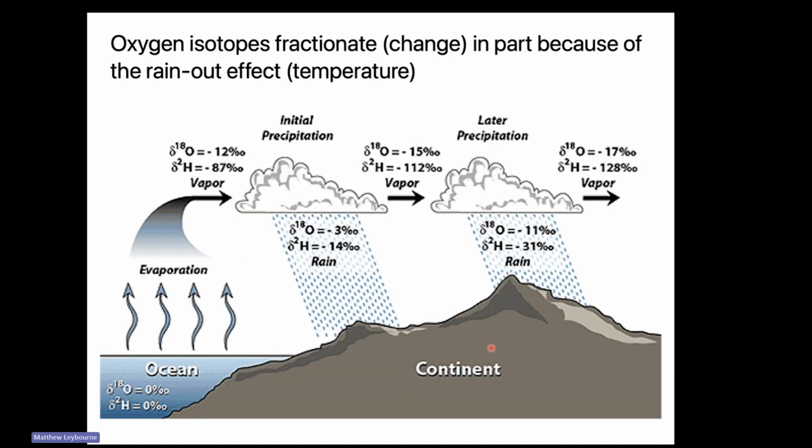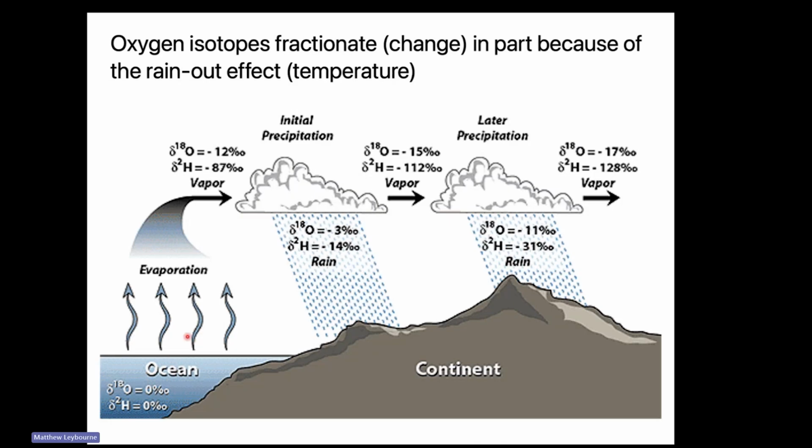Okay, so one of the things that oxygen isotopes do is they fractionate as a function of rainout, or temperature. What this means is that we move from left to right across the diagram. On the left-hand side, we've got the ocean, and because ocean water is our standard, δ18O, which is the ratio of oxygen-18 to oxygen-16, has a value of 0 per mil because it's the same as the standard.